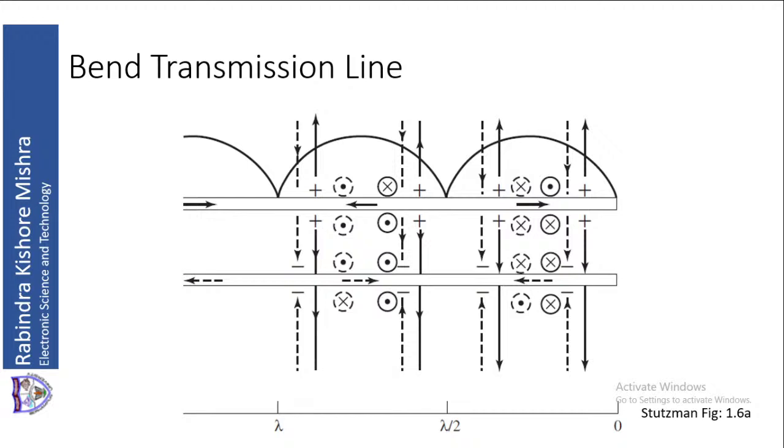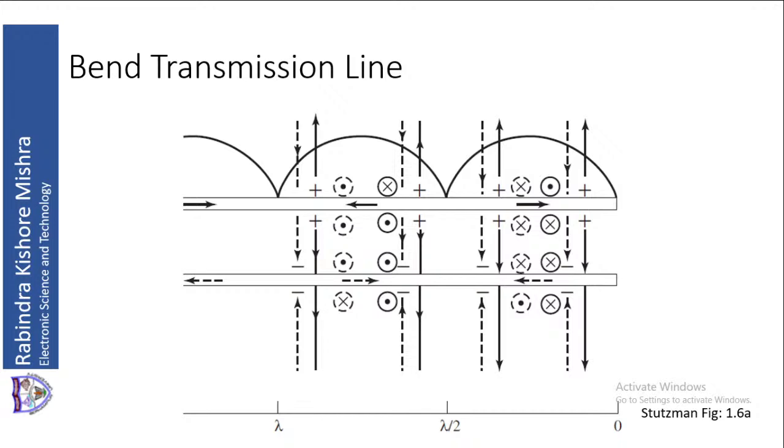Within the two wires, the fields will be confined. Whatever field is existing between the two wires will be confined within that region. Outside the two wires, you can see the cross at the top becomes a dot at the bottom because the current has changed its direction.